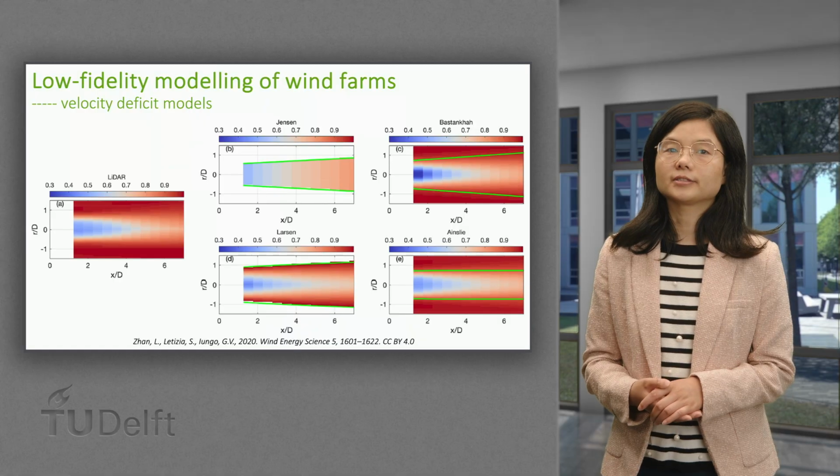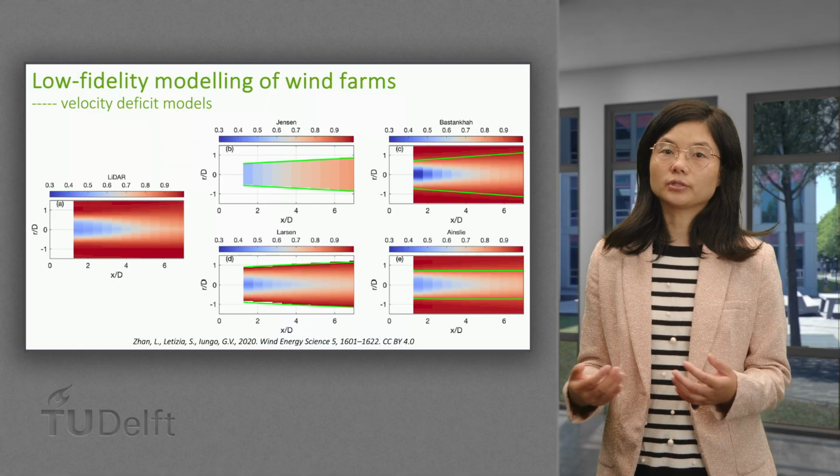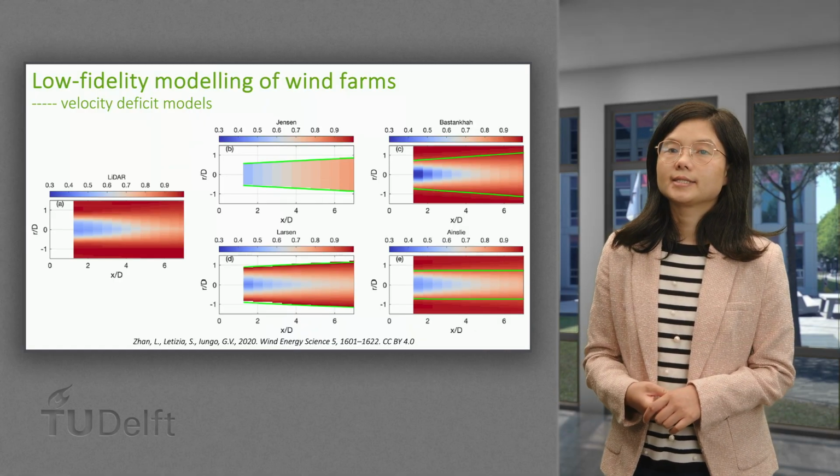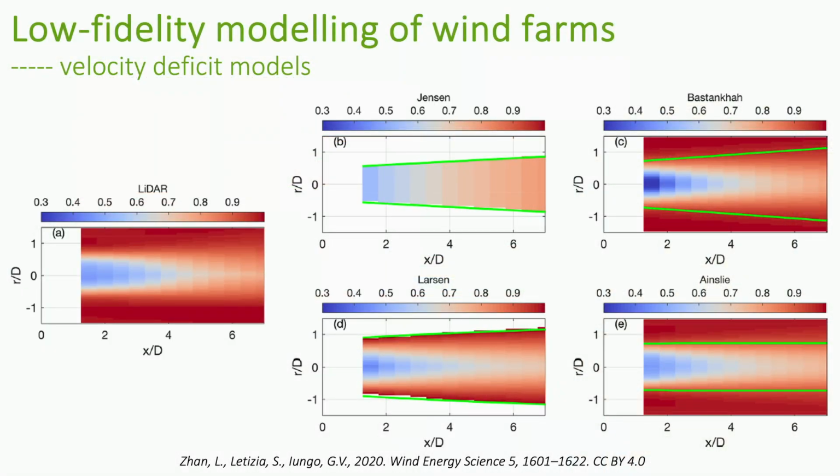These models are fast and sufficient for layout and control design. This slide compares velocity deficit predictions from several analytical wake models with LiDAR measurements. As you can see, there are differences in accuracy, and selecting or improving these models for various configurations is an active area of research.